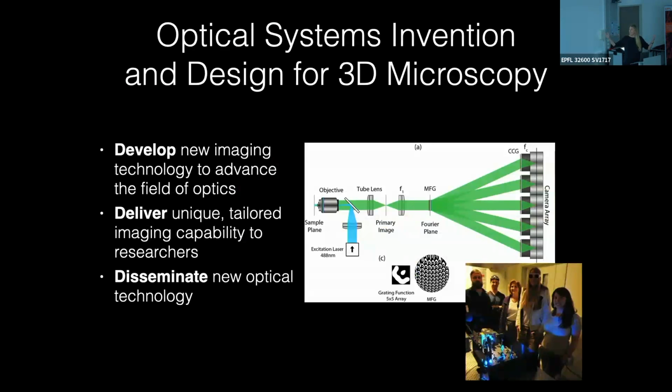One is we want to deliver imaging to actual use. And I'm in the field of biology right now, so that's what we're doing. We're trying to find tailored imaging systems for biologists. And we want to disseminate this. So once you've made this invention, I would say the hardest step is how do you provide that to the community? And there I'm still kind of wondering what's the best way to do that.